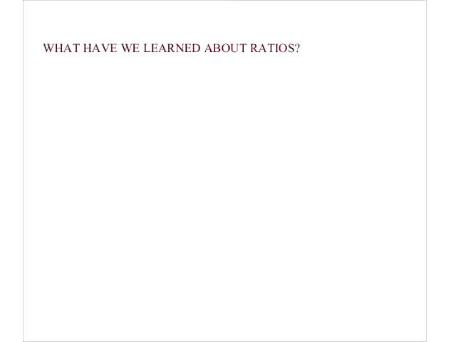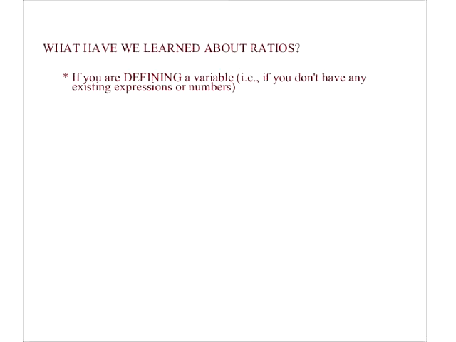The first thing is that if you are defining a variable, in other words, if you don't have any expressions yet, or numbers, then use the x unknown multiplier. So if you're going to define a variable, use the multiplier.